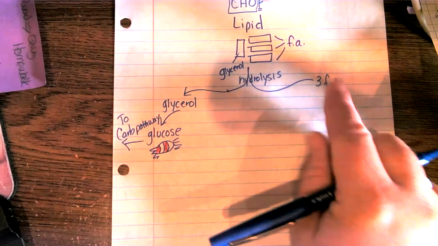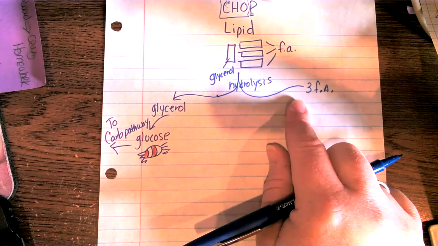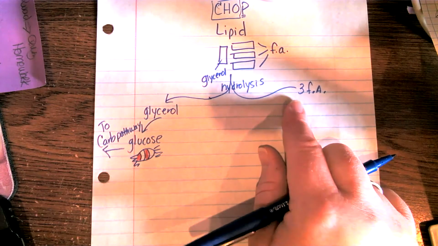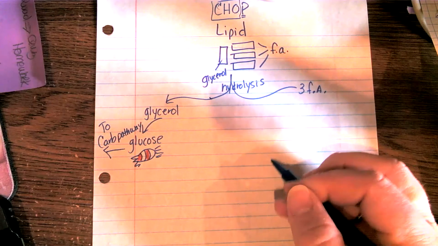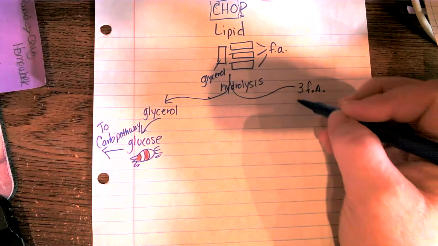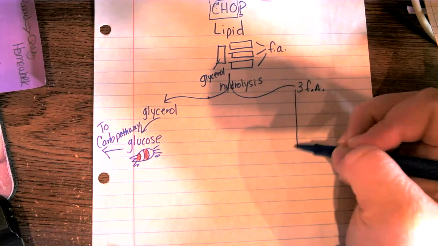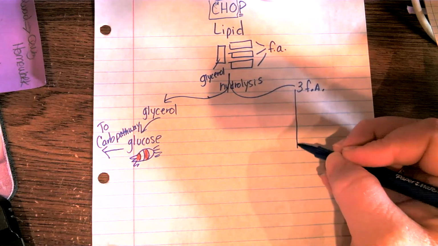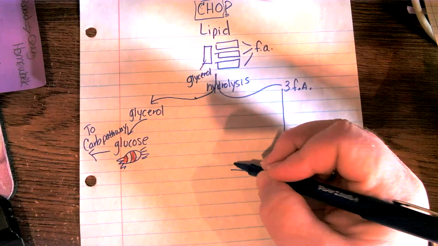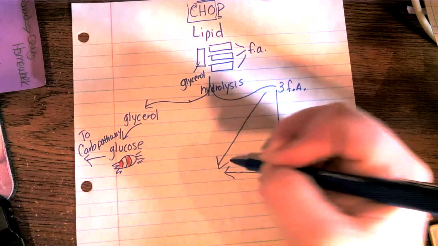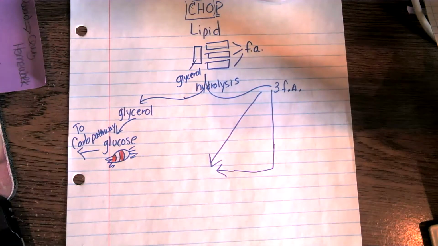Okay, so how are we going to take these fatty acids and actually get them into the citric acid pathway? I'm kind of modeling what we see in your textbook, so I'm drawing 2 arrows like this.